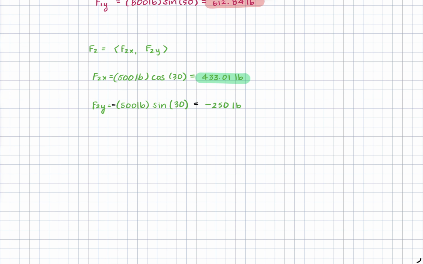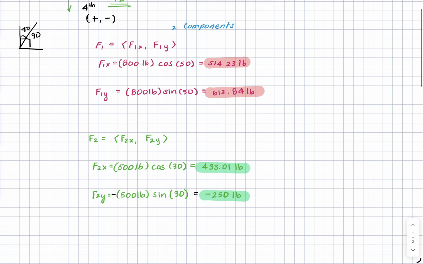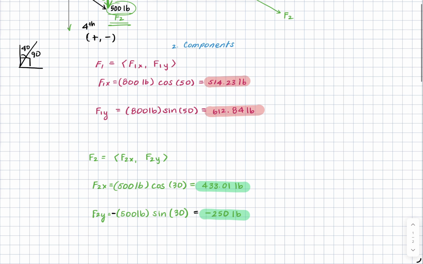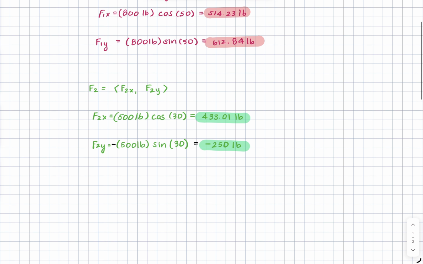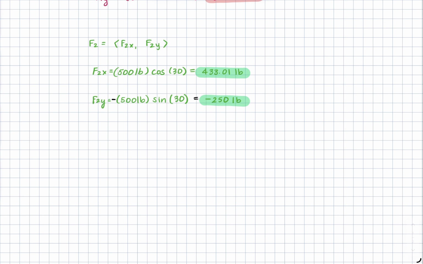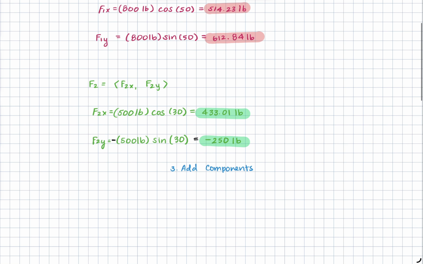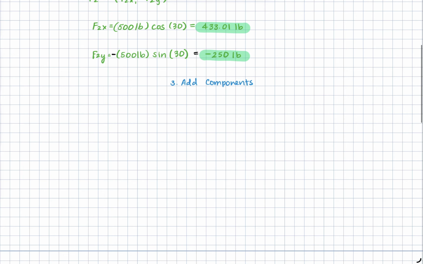Okay. So now that we have our components, we can go ahead and add them. So step number 3, add components. To do that, all we're going to do is add the x's and the y's together.